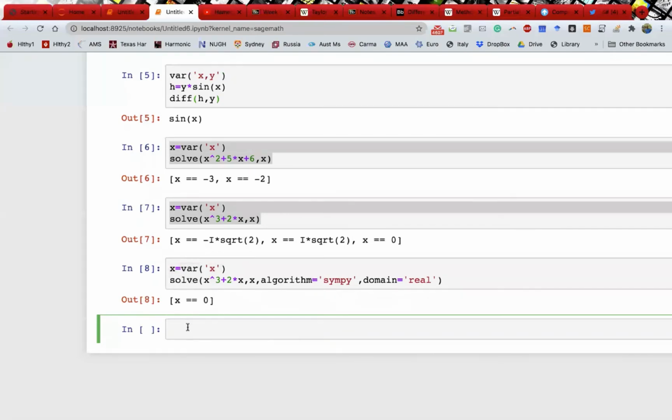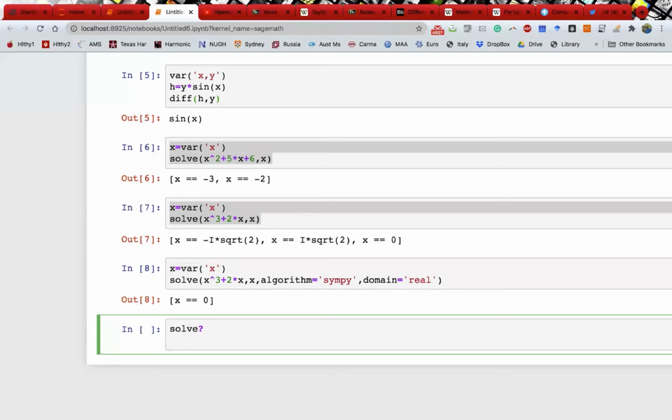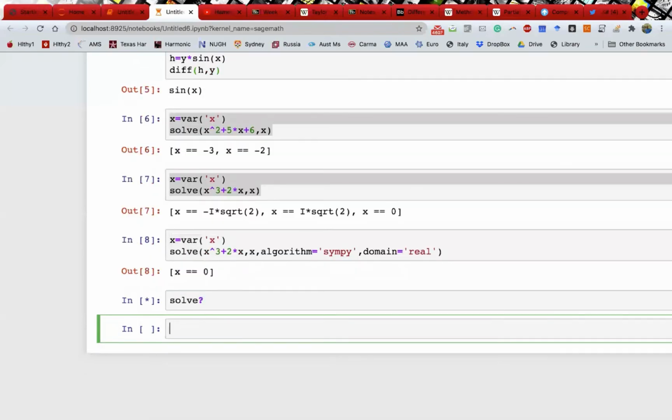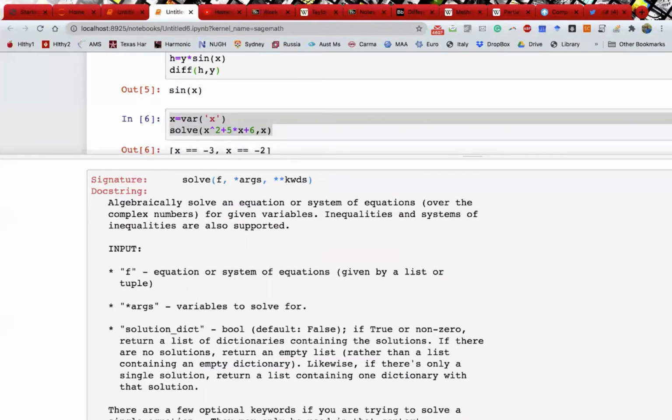But if I don't know that, how can I know that actually? The first and handiest way for sure is to Google it, to Google solve in Sage. But the other way is writing question mark solve, or solve question mark, then compiling, which means shift enter.